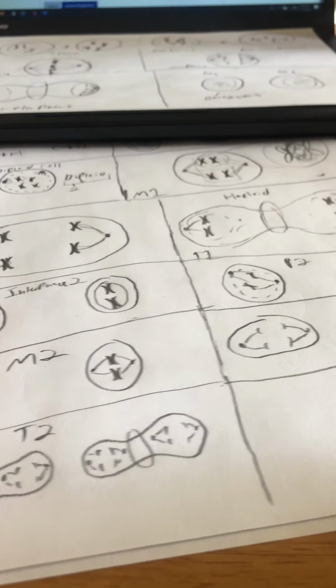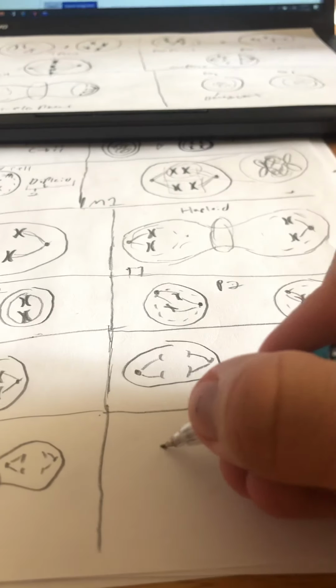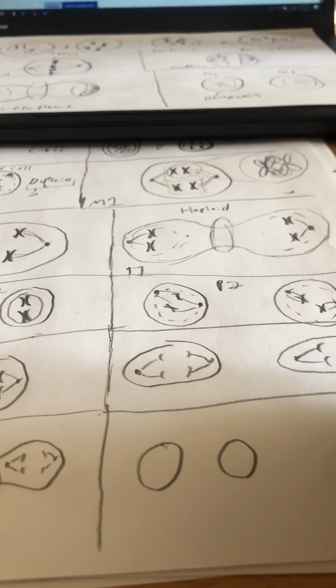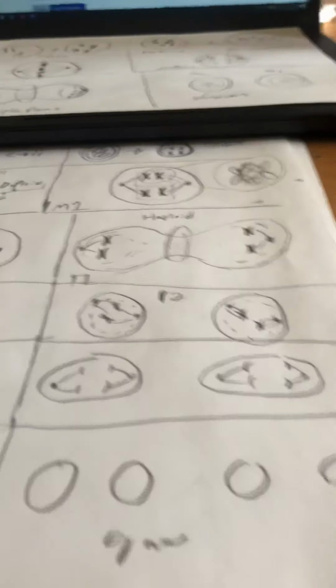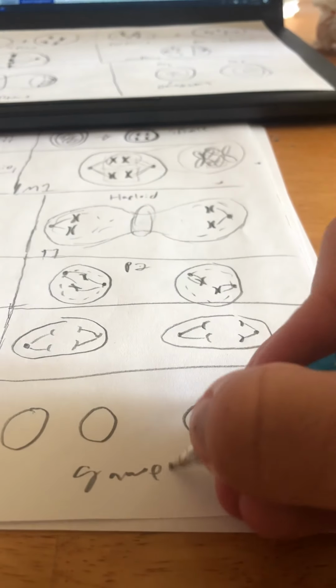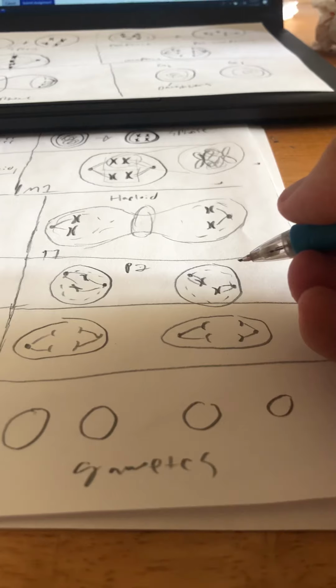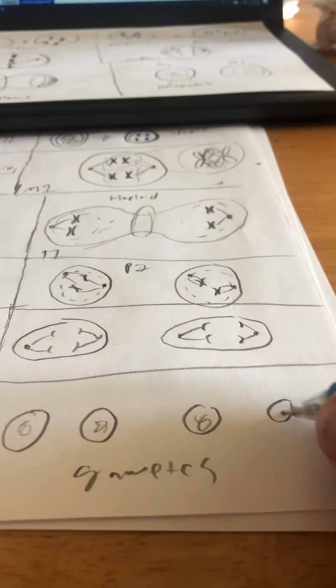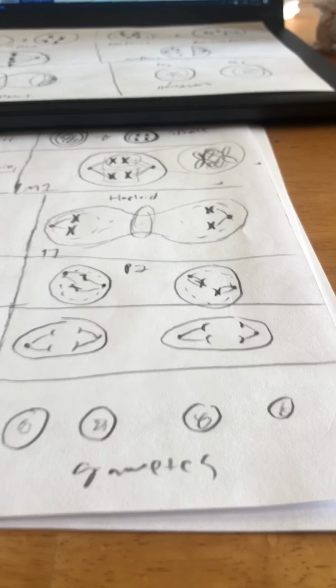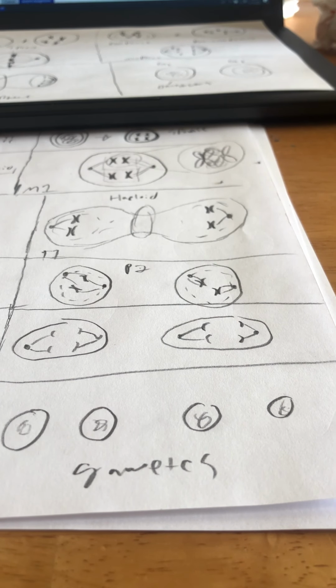There, telophase 2. And that's how you end up with 4. Oh, there we go. 4 gametes. And that is the 2 phases of mitosis. Or no, excuse me, meiosis.